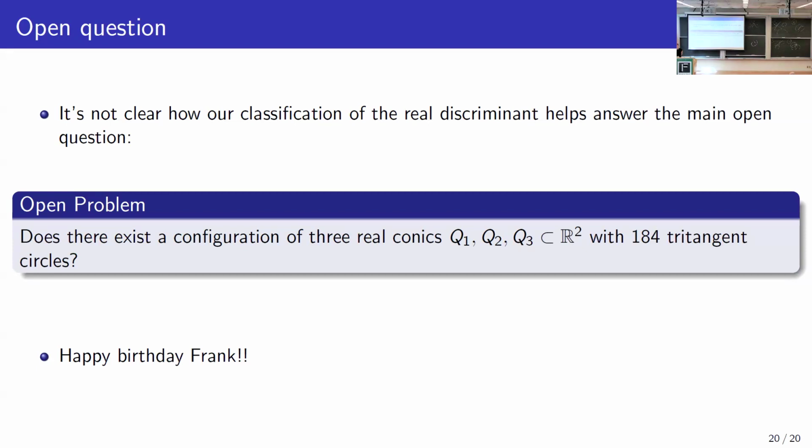I just wanted to make a comment on a lead in case anybody is interested in solving this today for Frank's birthday. If you only degenerate 2 of the conics to double lines, but you keep the third as a conic, then you decompose into subproblems like tangent to a conic, tangent to a line, or tangent to a point. Individually, those problems do have enough real solutions that when you do the count, you get above 134.